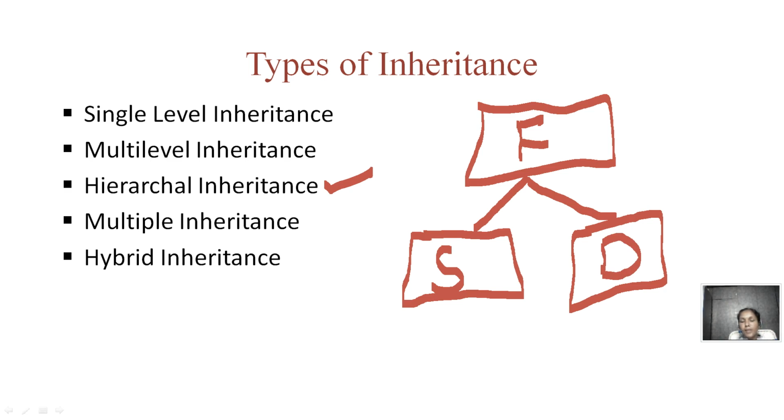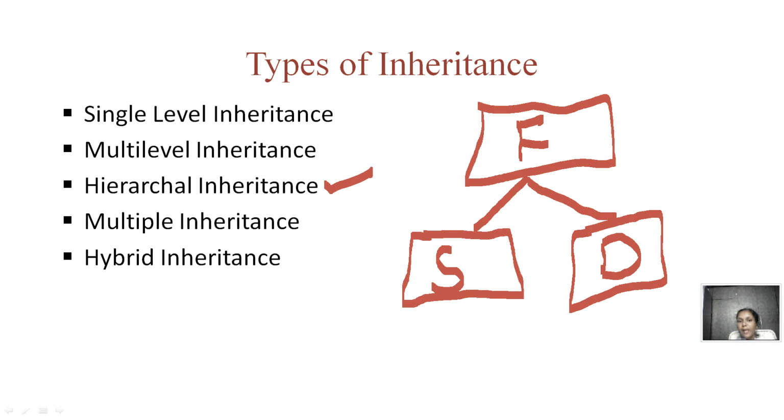So in hierarchical inheritance, a single base class has more than one child class, more than one derived class exists for a single base class. It comes under a type of inheritance called hierarchical inheritance.